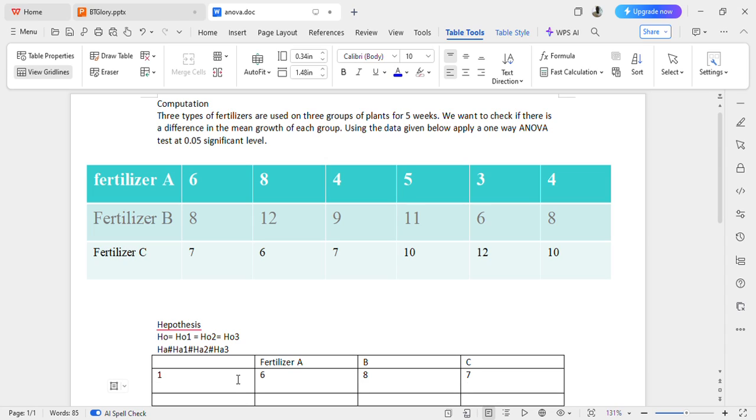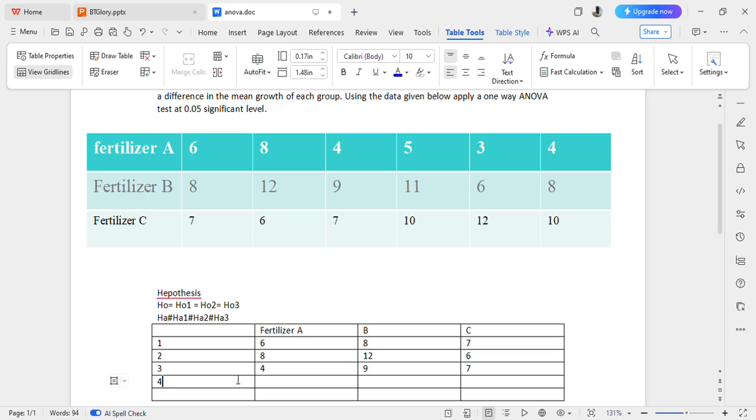Then 2, 8, 12. 7 or 6. Then 3, 4, week 3, we have 4, 9. 4, 9, 7.